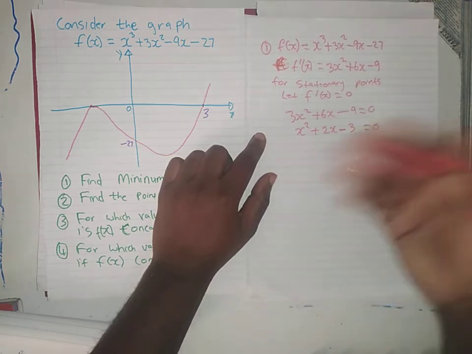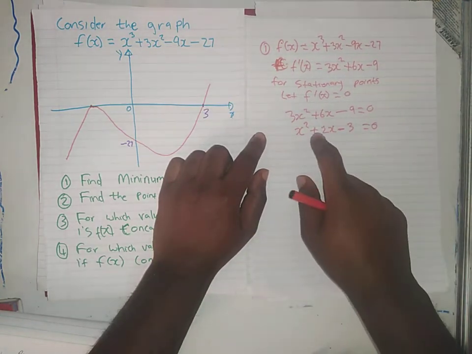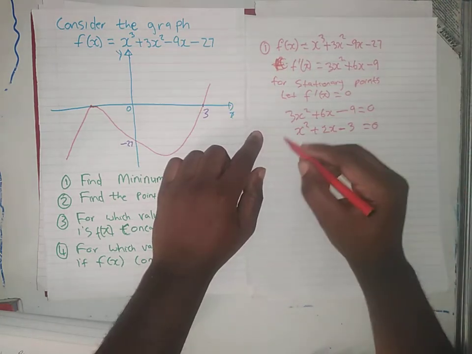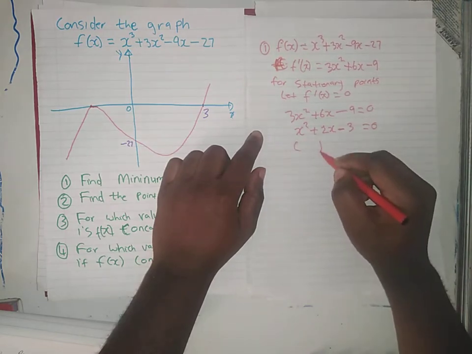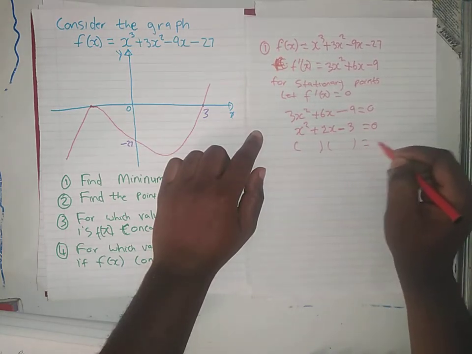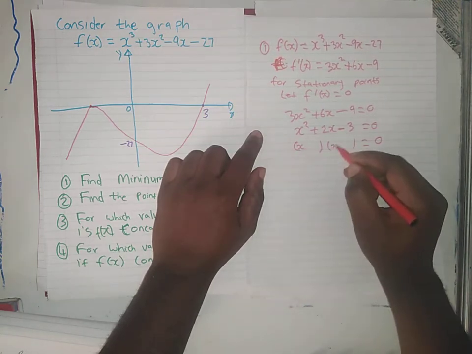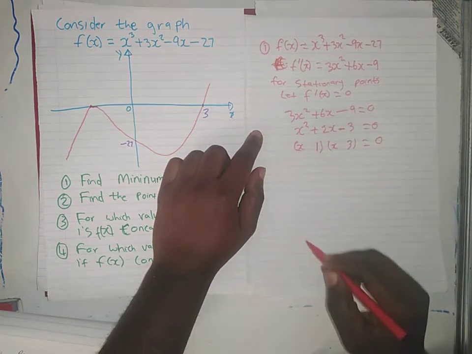And then, guys, when you are here, it's totally up to you. If you want to use the quadratic formula to find this, by all means you can go and use it. I'm not going to use it for my own reason. I'm just going to factorize. So this is x, this is x, and then I have 3 here and 1 here.